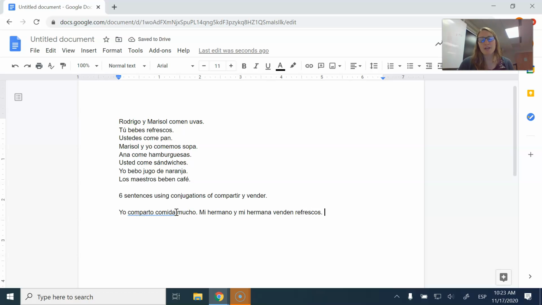Mi hermano y mi hermana venden refrescos. They sell pop or soda. So anyway, your sentences don't necessarily have to go together, but I suggest practicing writing out a paragraph, send it to me in a Google Doc so I can give you feedback on that. That'll be helpful for you moving forward.